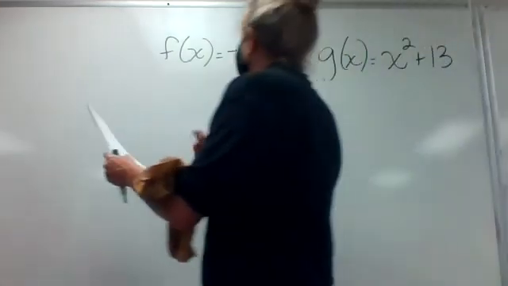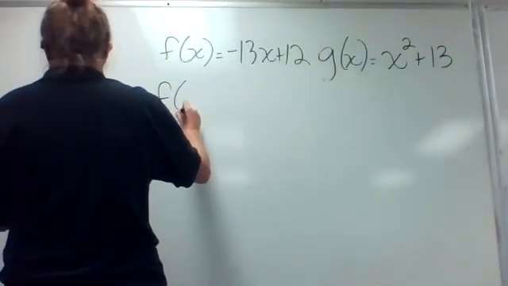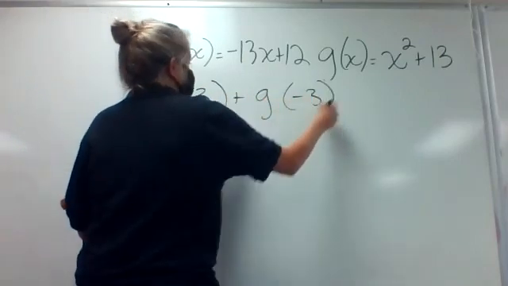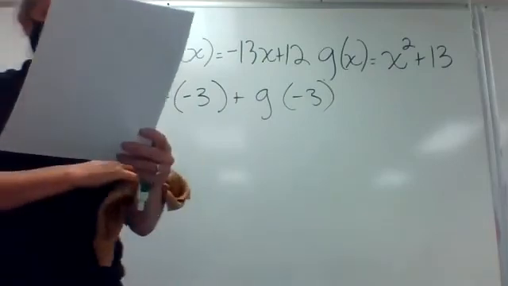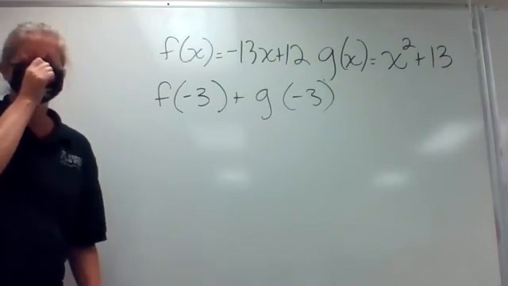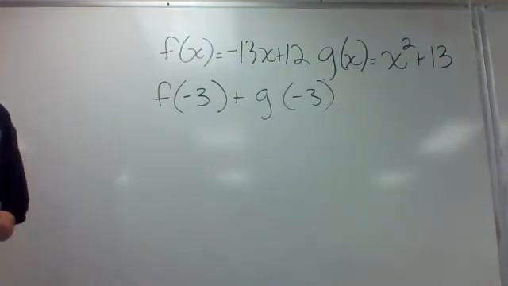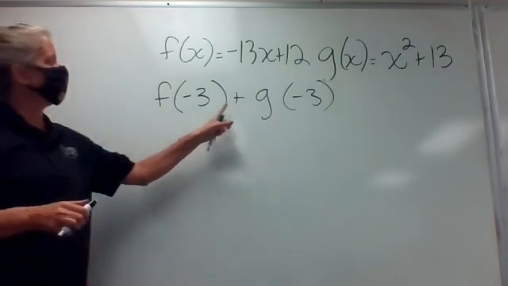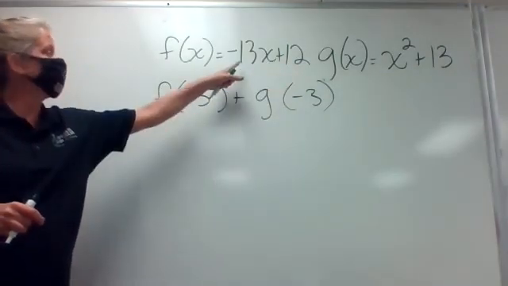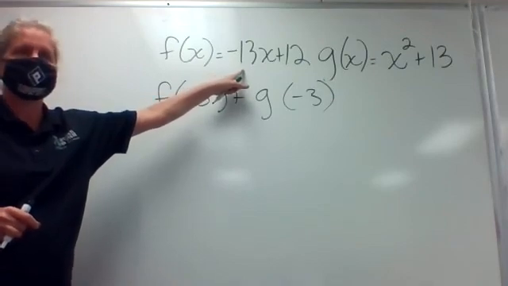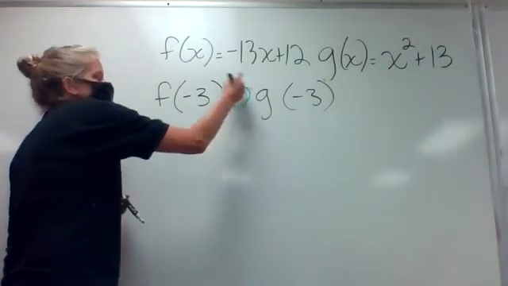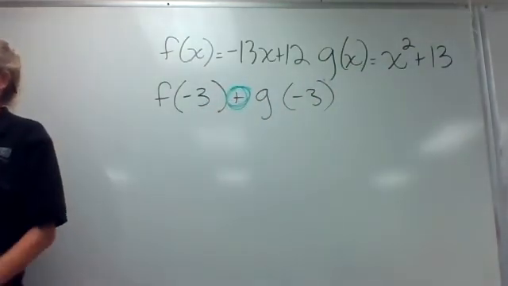It wants me to find f of negative 3 plus g of negative 3. So this time I'm not adding them together as they are. I'm finding what f of negative 3 is, what g of negative 3 is, and then when I find those two things, I'm going to add them together at the end.